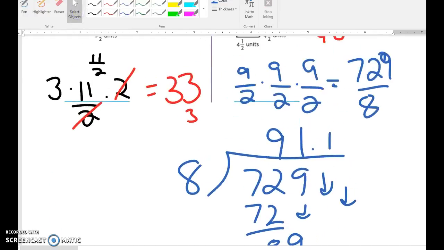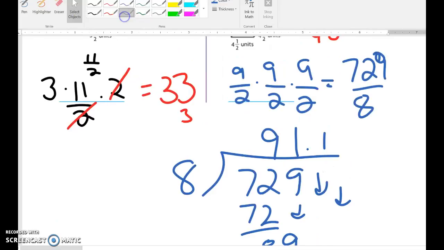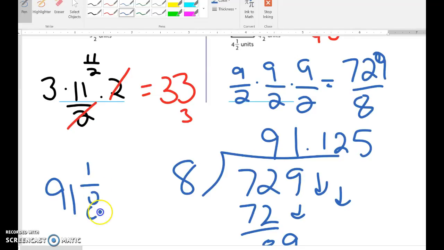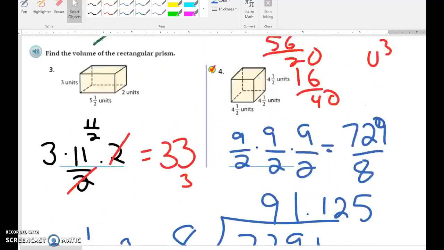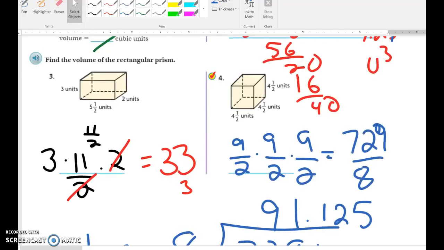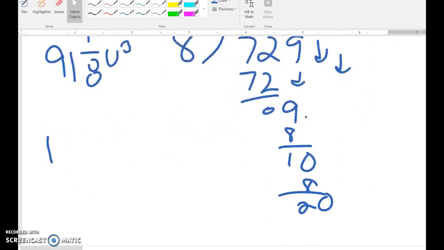And if we kept doing it, we would get 0.125. Now, if we did it as a fraction, we would get 91 and 1/8. Whichever is easier for you, that's the way you can roll, and that is cubic units. Okay. And by the way, 4 times 4 times 4 is 64, and 5 times 5 times 5 is 125. So our answer makes sense because it's right in the middle there.